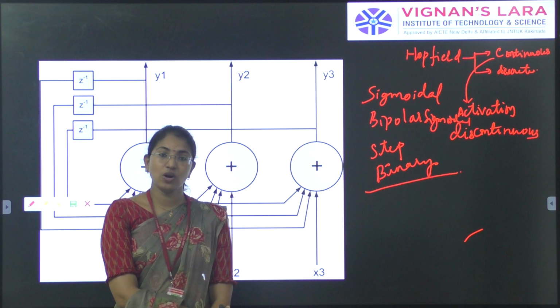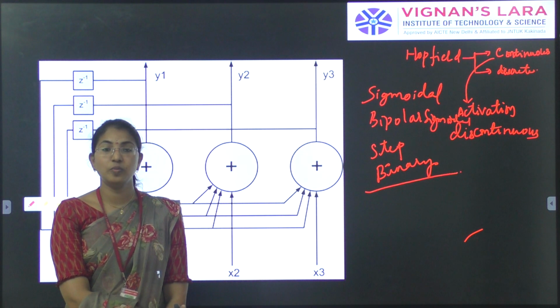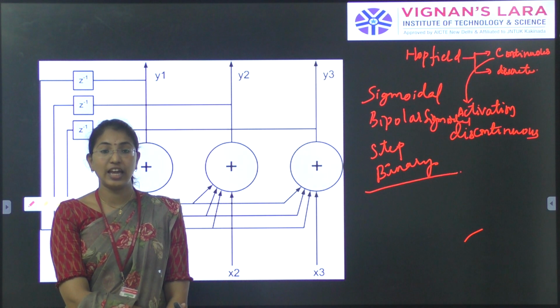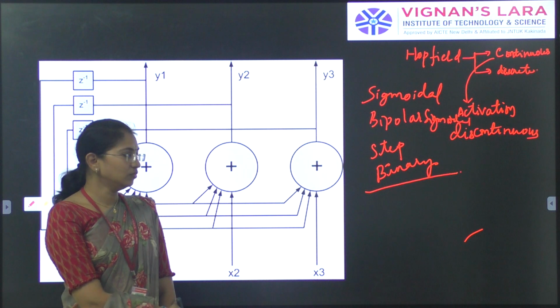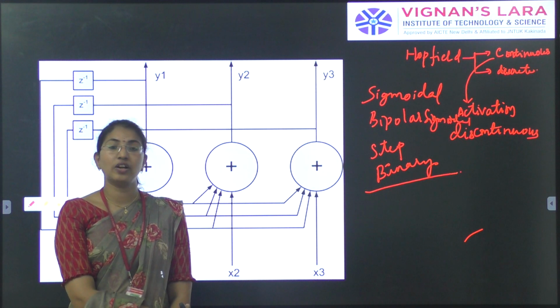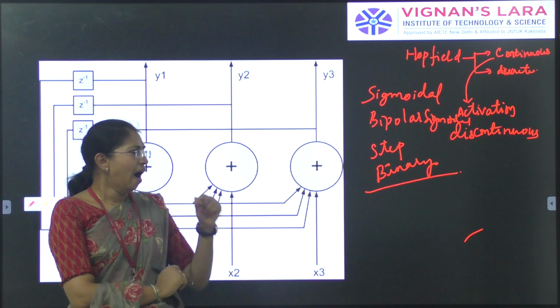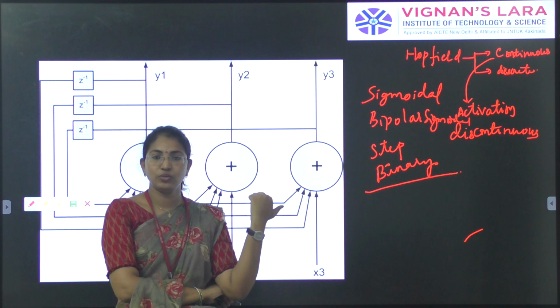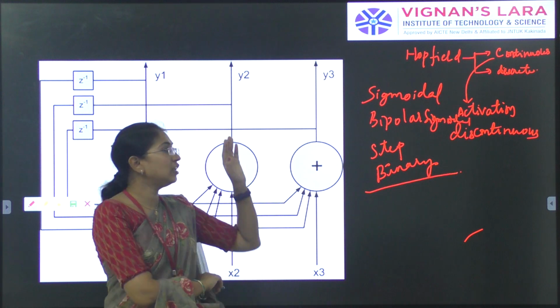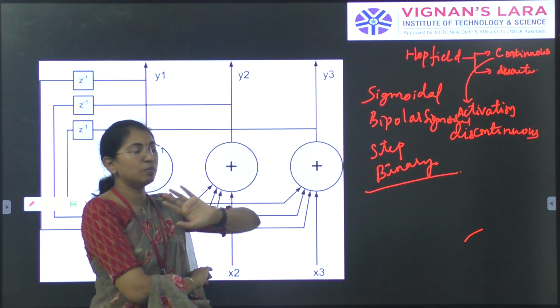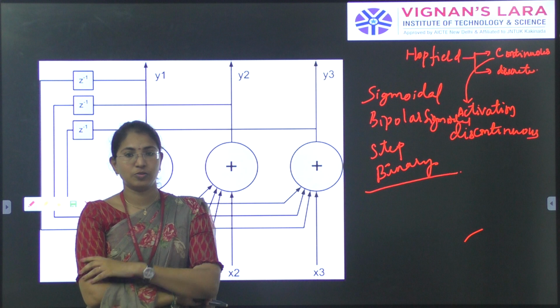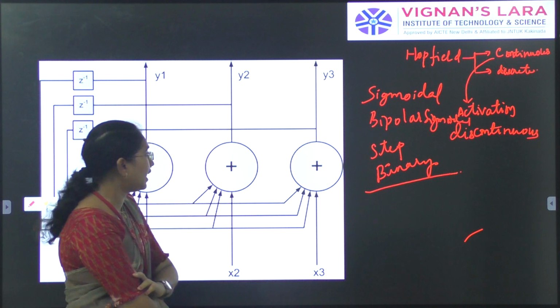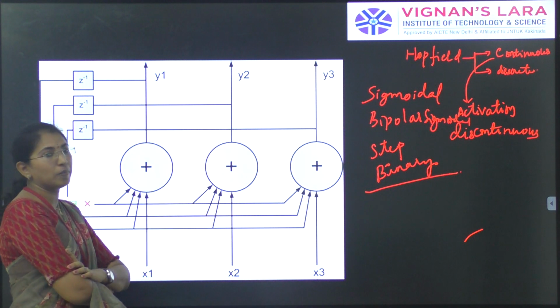But the architecture of the neural network and also the numerical computation at each layer, either hidden layer or output layer, will be the same for the Hopfield neural network, either continuous or discontinuous. Now let us see the continuous Hopfield network operation.